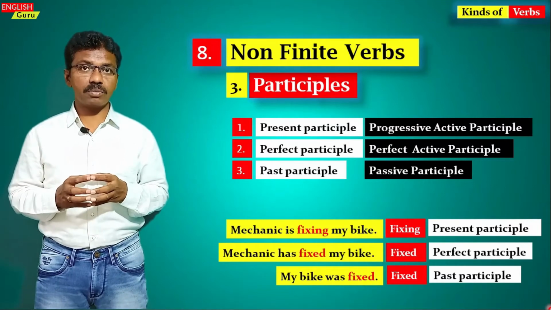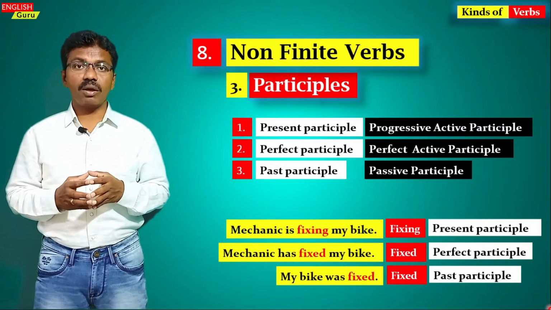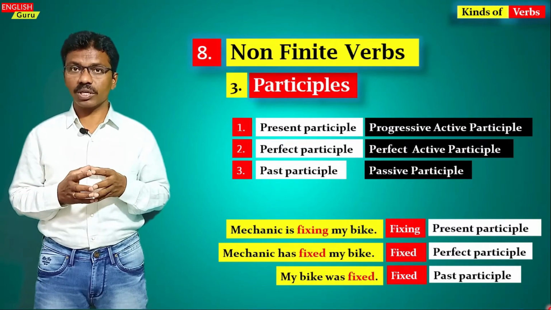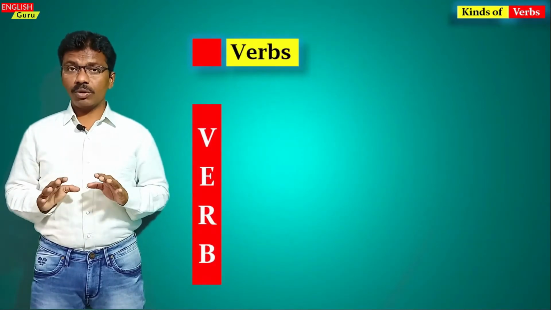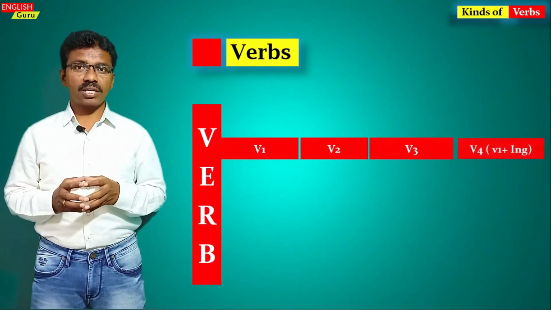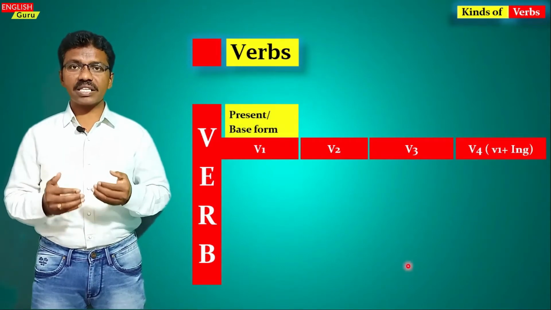So non-finite verbs are of three varieties and they are slightly different from finite verbs, and we have to be a little bit careful while looking at non-finite verbs. In general, we know that verbs can be in four forms. What are they? Verb 1, verb 2, verb 3 and verb 4 for our easy understanding.